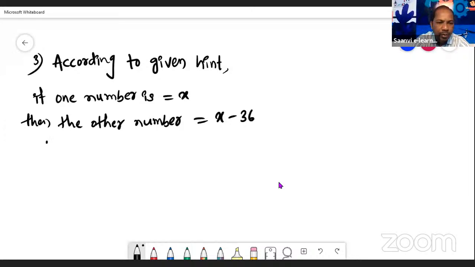So now by the problem, what is given in the problem? First, see the first statement. What is given in the first statement?